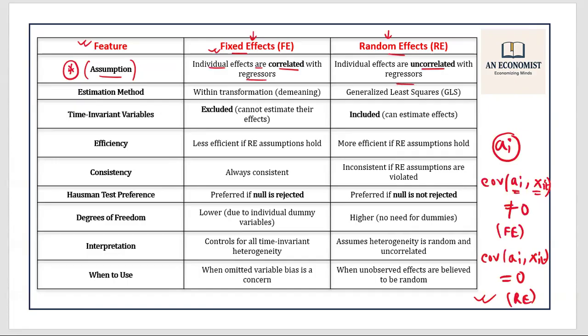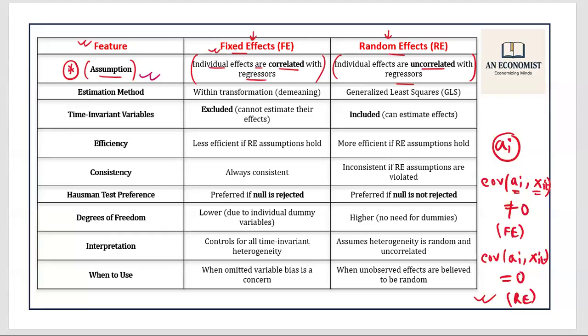So this will also form the base of our Hausman test. While forming the hypothesis in our Hausman test also, we will use the same condition. So understanding this first point is very important in order to go into the Hausman test. That is why I have given you this detailed summary table. I know many students find it very difficult to understand, but this is the main point of difference that we need to know, right?